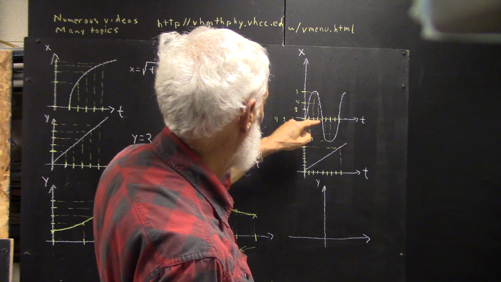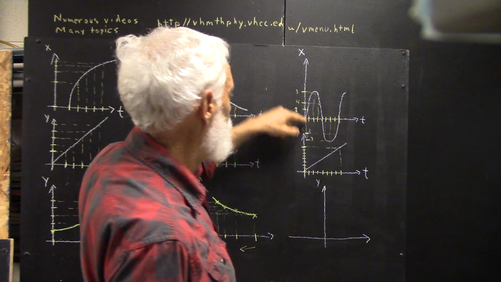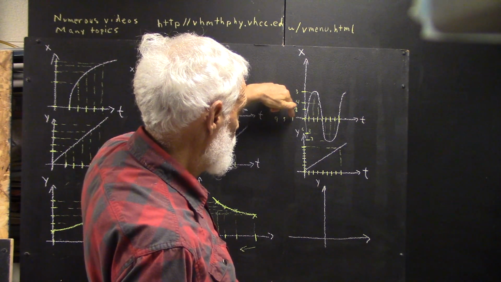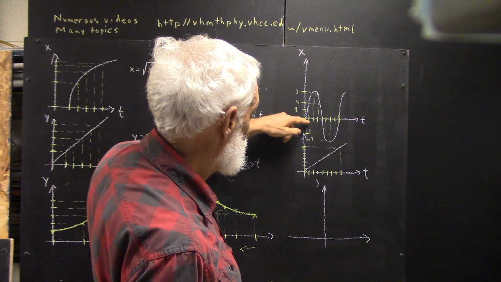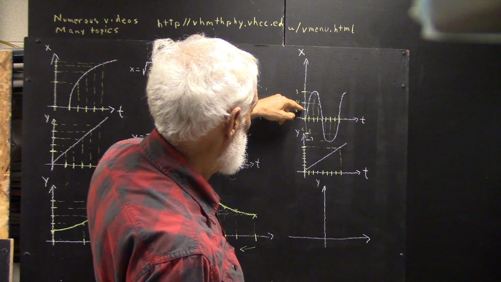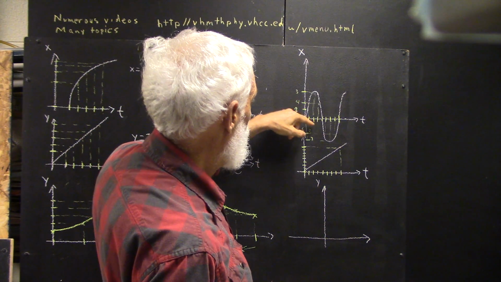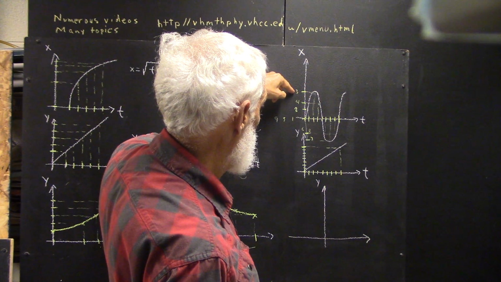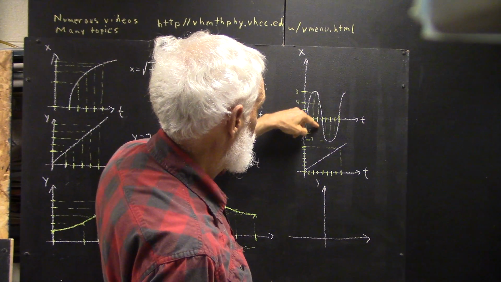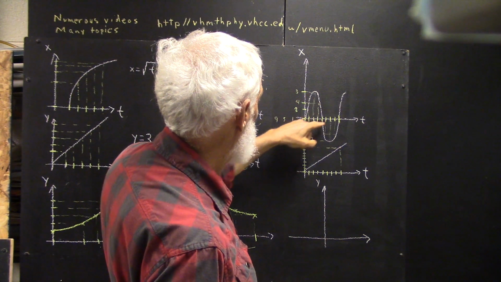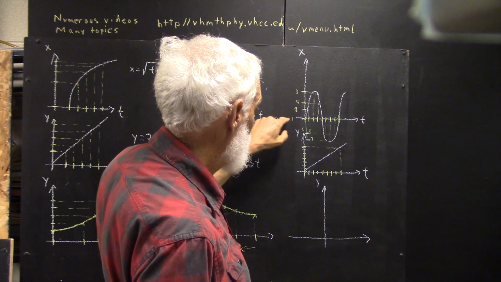First, second, third, fourth. So the first point here I've labeled as 1. There's my x value. The second point gives me an x value about here. I labeled that 2. Third point gives me an x value here. That's 3. Fourth point be here. Fifth point is back to the axis.